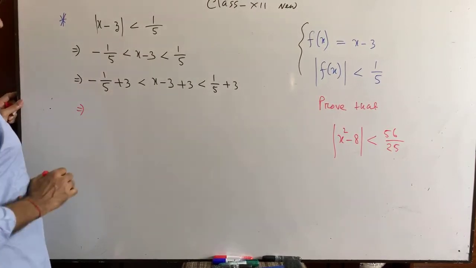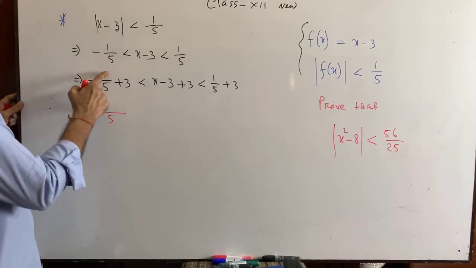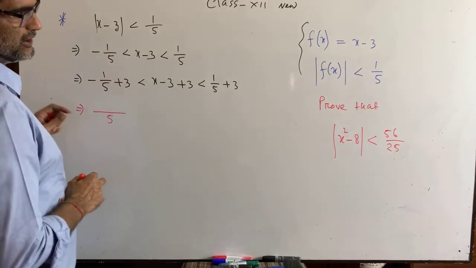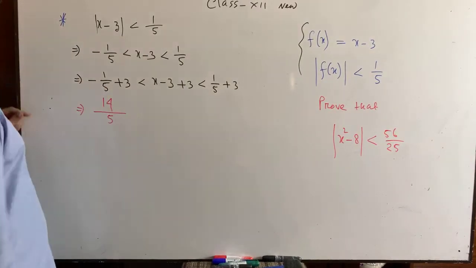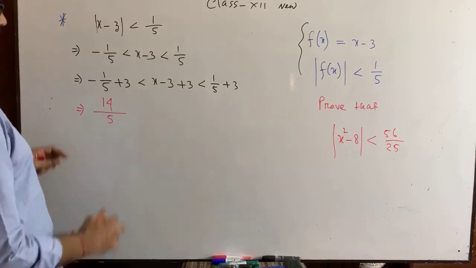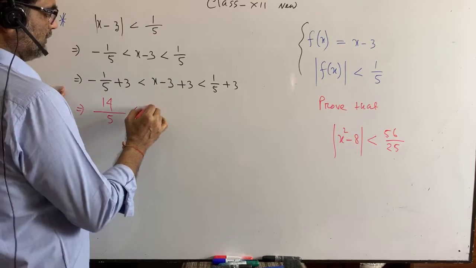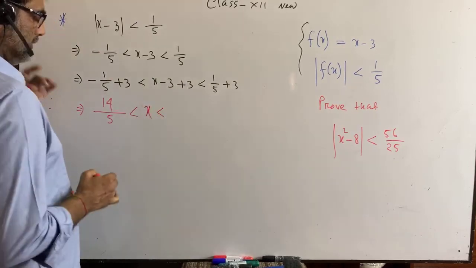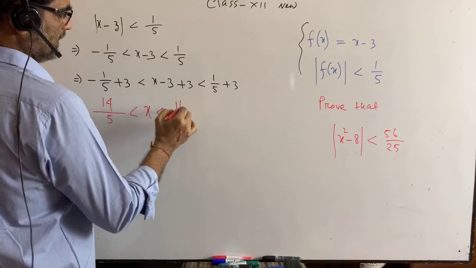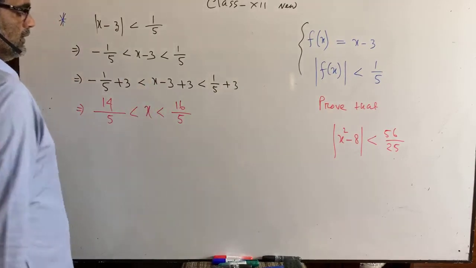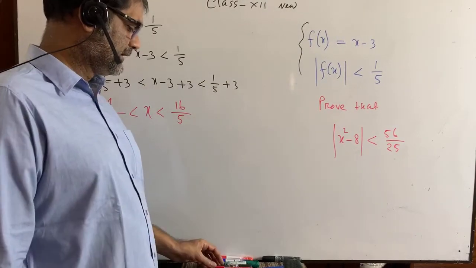By calculation we are getting minus 1 plus 15 over 5. Minus 1 plus 15 equals 14, right? So 14/5 less than x, since minus 3 plus 3 will be omitted, less than 15 plus 1, 16/5. Very easy and simple thing.